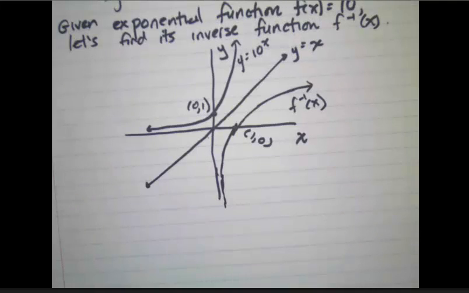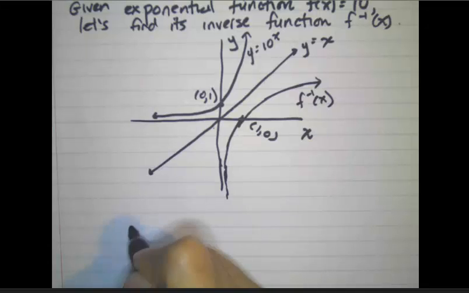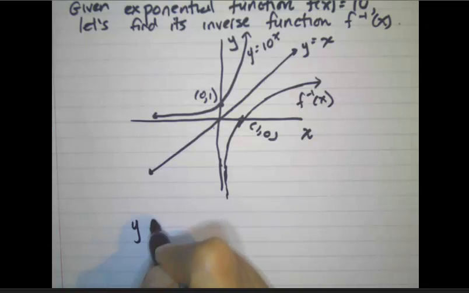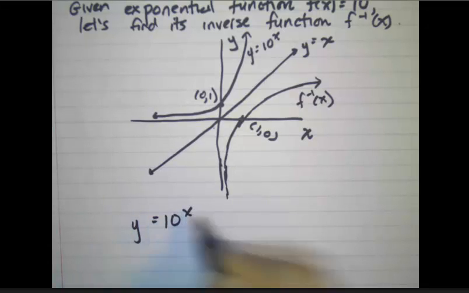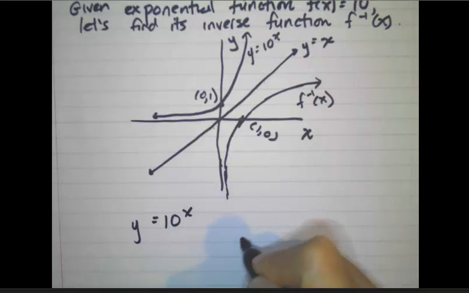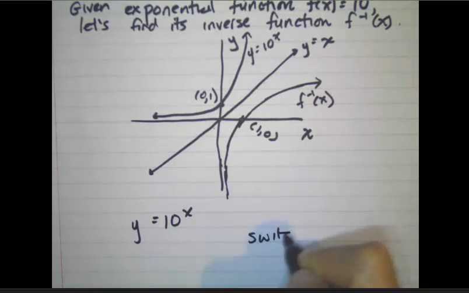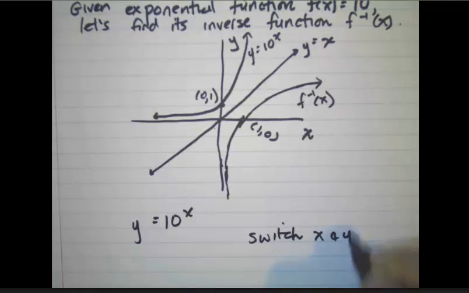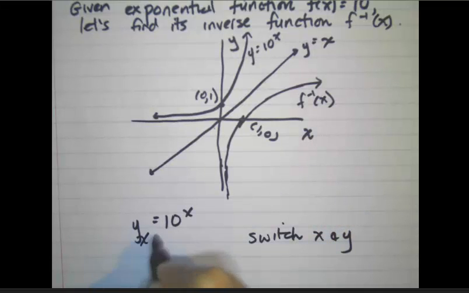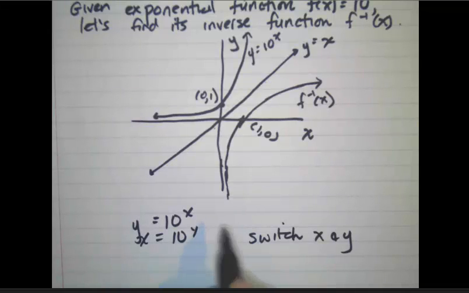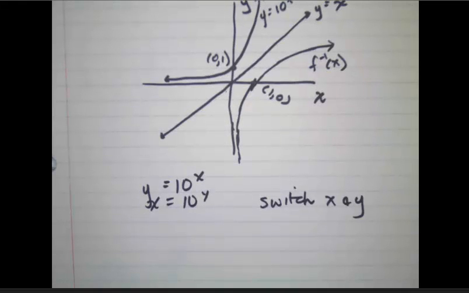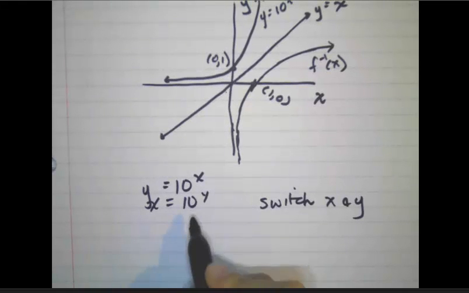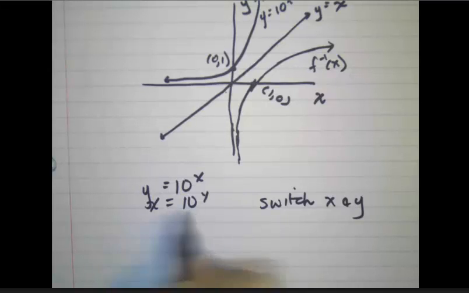Now the question is, what is f inverse of x? So let's take our equation for our function, y equals 10 to the x, and we're going to switch x and y, and we get x equals 10 to the y. Now how on earth are we supposed to isolate y? What we're going to do is use something called the logarithm with base 10 on both sides.